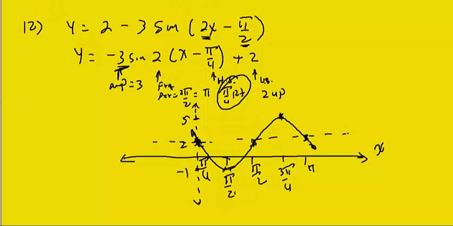And then pi halves becomes 3 pi fourths. And then 3 pi fourths just becomes a pi. And then pi, adding that pi fourths, would be 5 pi fourths.